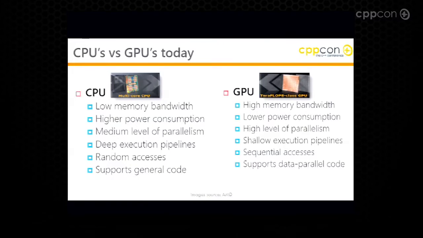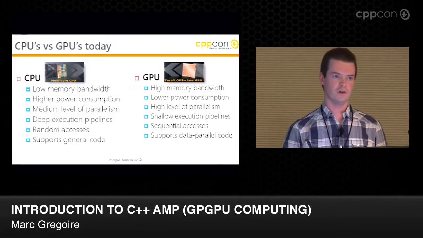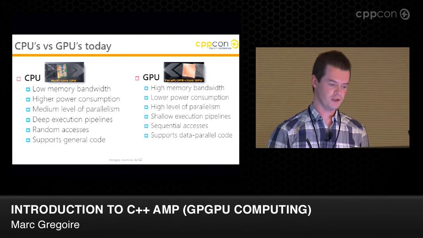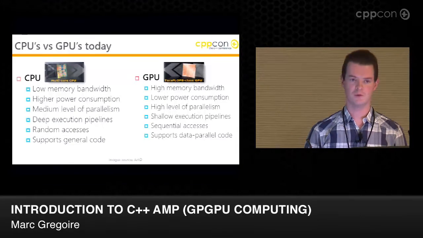Just a little bit about the difference between a CPU and a GPU. A CPU has, compared to a GPU, a much lower bandwidth. The GPU really has extremely high bandwidth. On the CPU, you have 4 cores or 8 cores. If you go to a Xeon, it has, I think, 16 cores, but that's pretty much it.